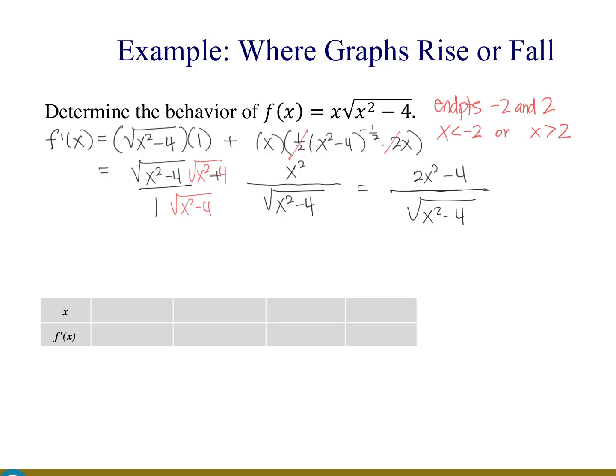Now I want to find if this graph has any horizontal tangents, or what else might this graph have? Might have corners and cusps. So if I'm going to find horizontal tangents, then I take this derivative and I cross multiply it with 0 over 1. That'll find me any horizontal tangents.